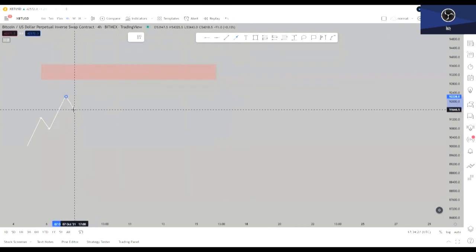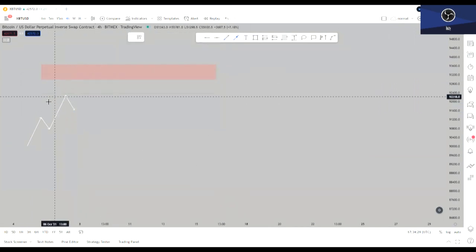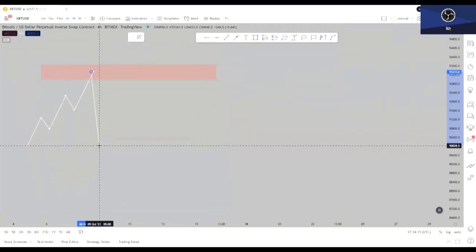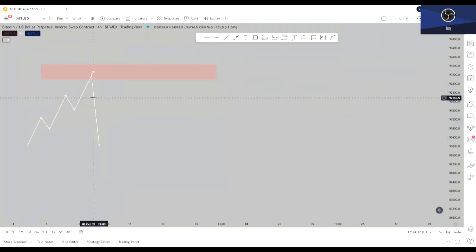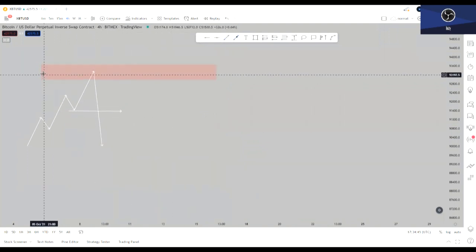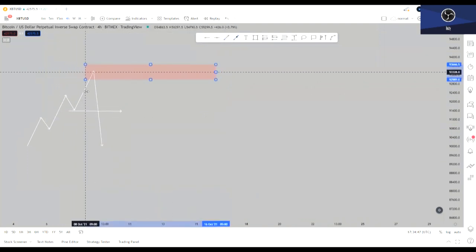Then we see price coming into a certain region and breaking market structure to the downside. Once it breaks market structure to the downside, this is where we want to be looking for this range. This would be the point where we would be validating this supply level.